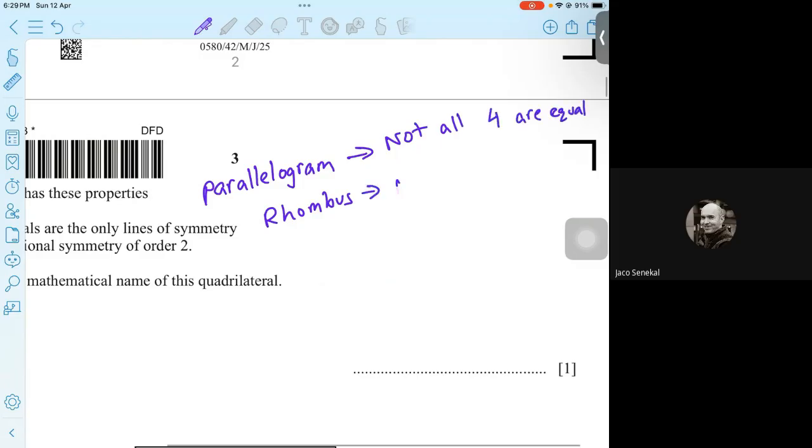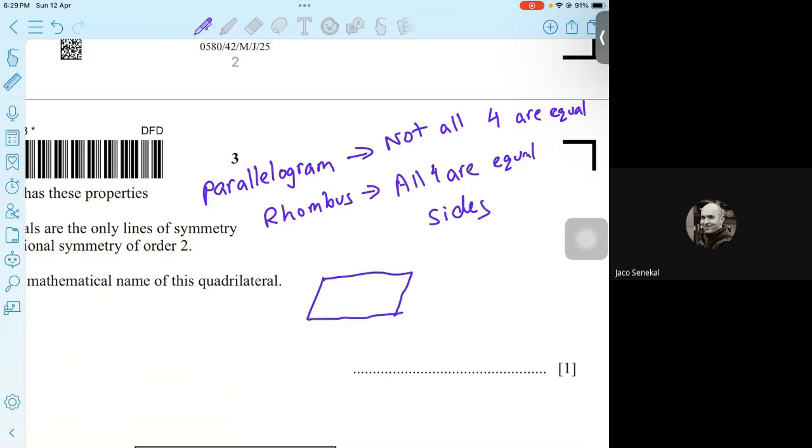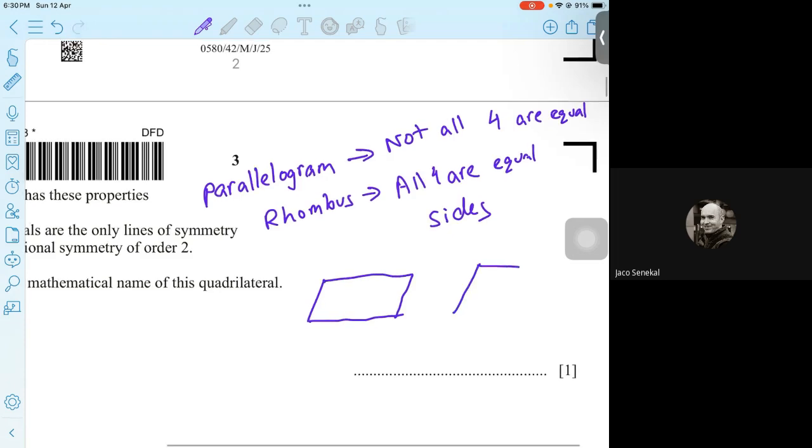And in this one, all four sides are equal. So this would either be this shape, the parallelogram, or this could be a rhombus where all four sides are equal.